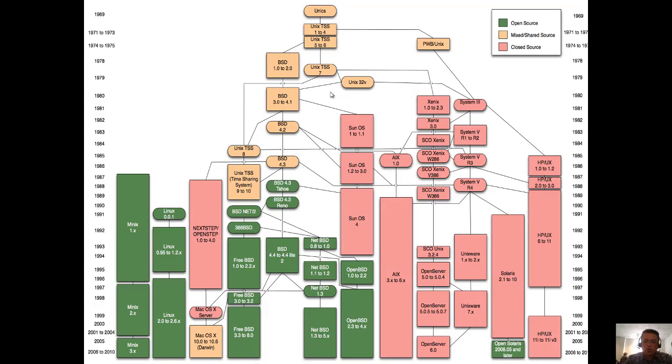So this diagram, not to worry about this, it looks very complicated, but what it shows is actually the history of Unix and Linux. You can see this is the birth of Linux back in 1991. I'm sure a lot of you were not born yet in 1991.